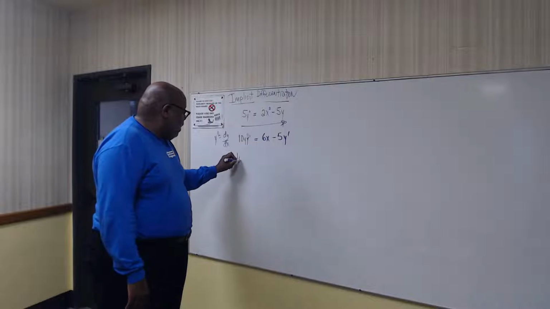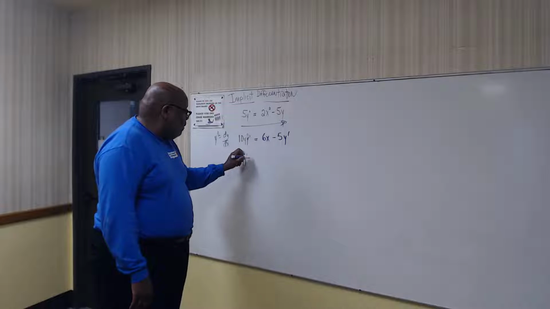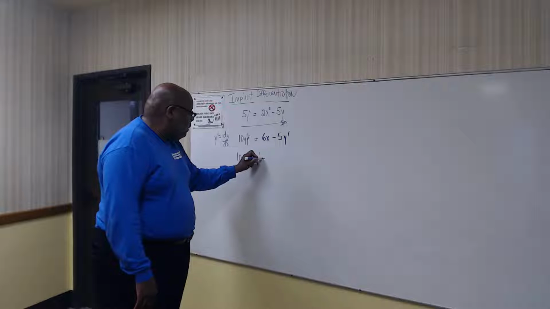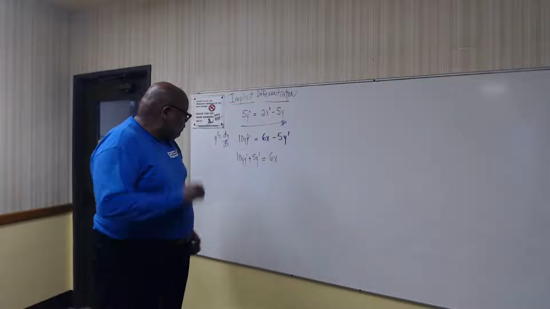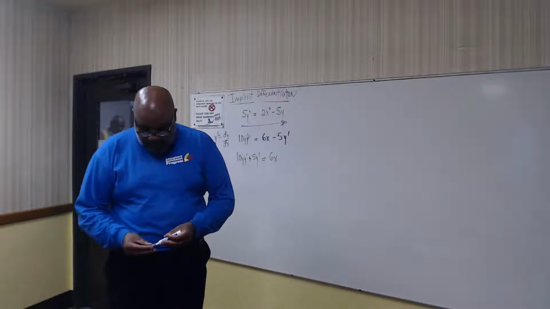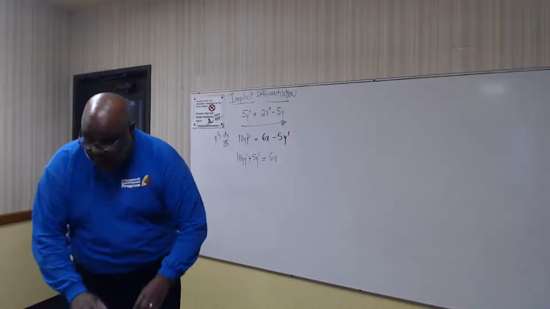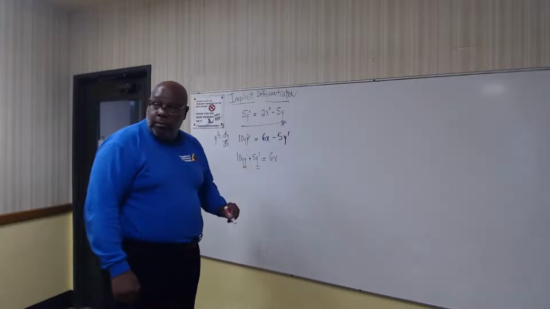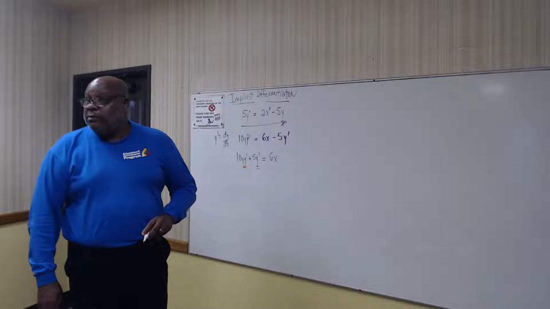So you can say 10y y prime plus 5 y prime equals 6x squared. Now you should notice that there's a y prime in each term, which means we can factor.